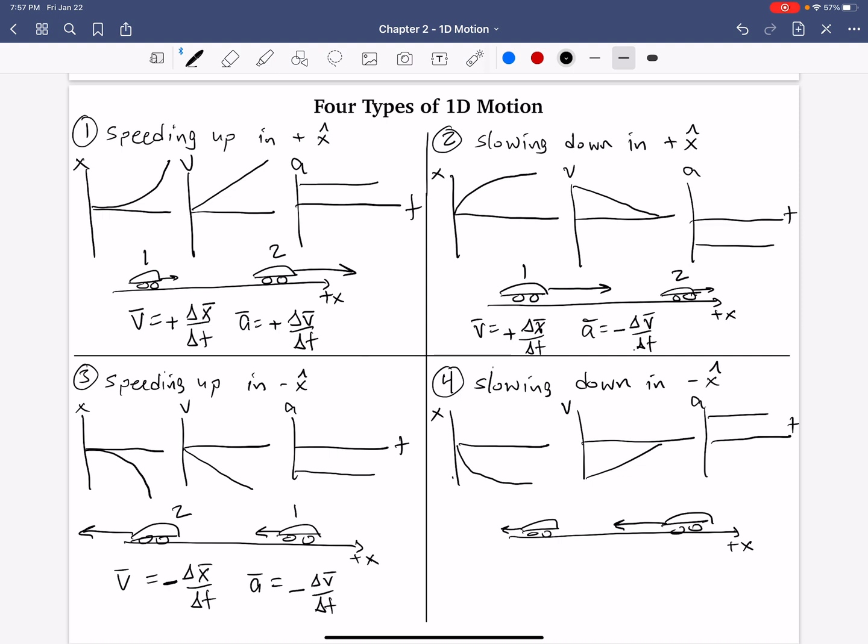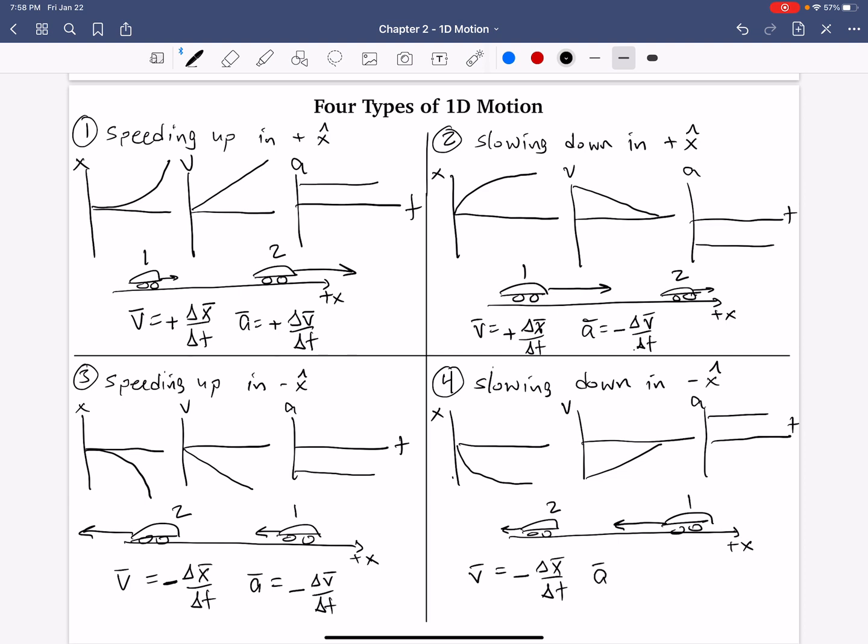And in number 4, v is delta x over delta t. What's happening here? The position is still towards the left, from 1 to 2, but it's slowing down. Delta x in this case is negative because it's still moving left.